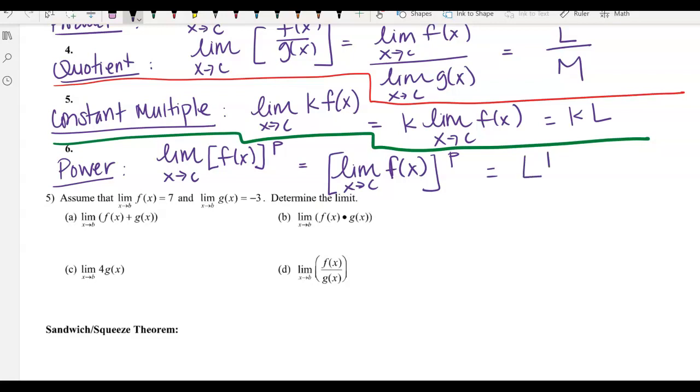So that's the same thing as L to the p. All right, I'll let you guys write, and then we're going to do this example 5 to practice the properties.